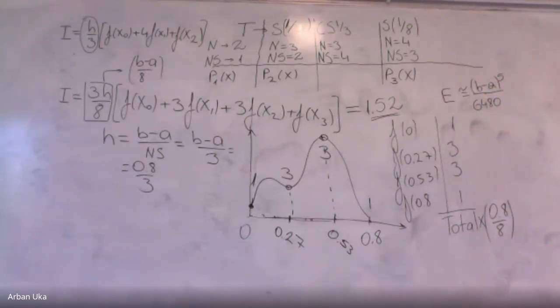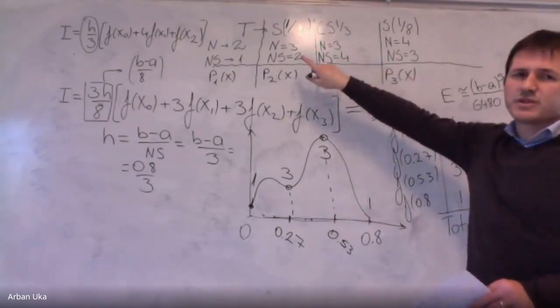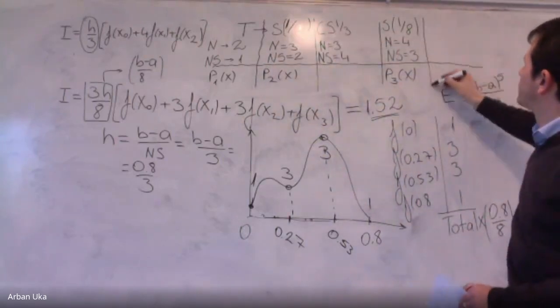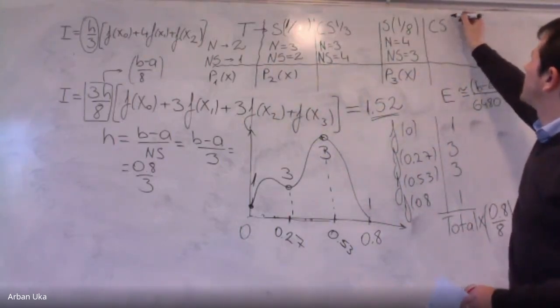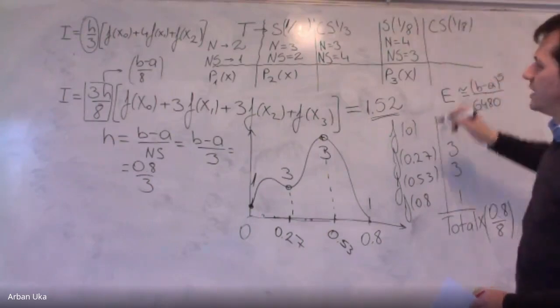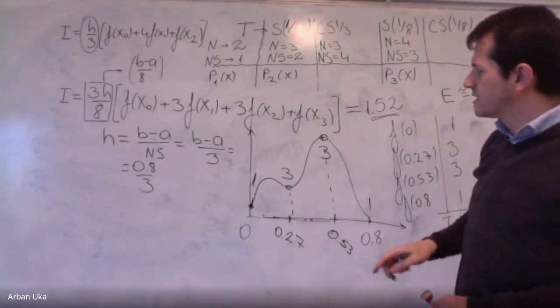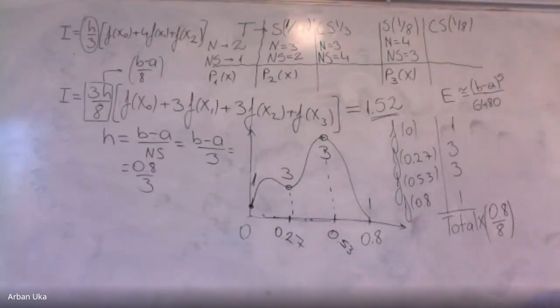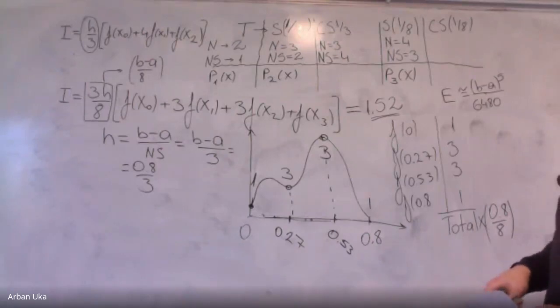Now, for sure, here you might also expect that similar to the composite trapezoid, composite Simpson's 1/3, we have also the composite Simpson's 3/8. Okay, and what is going to happen next is that these domains that we have, instead of having just 3 segments, we move to 6 segments.